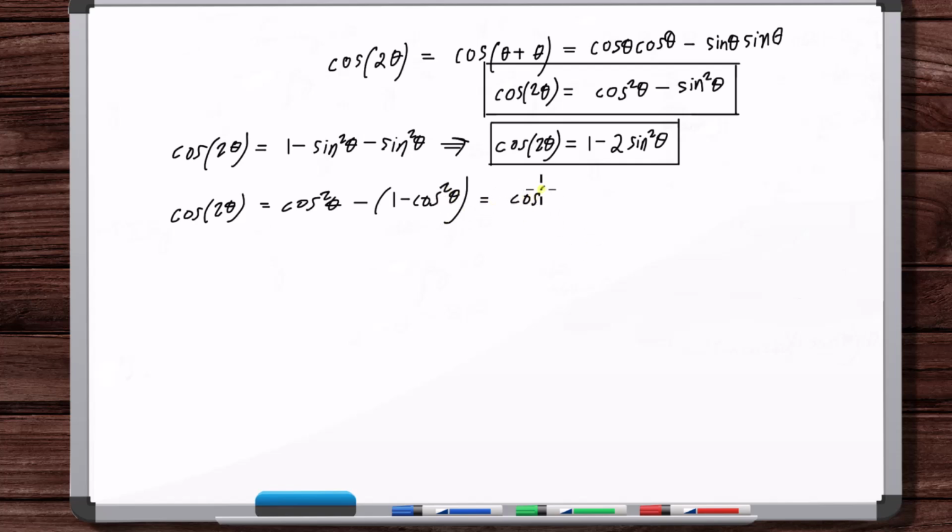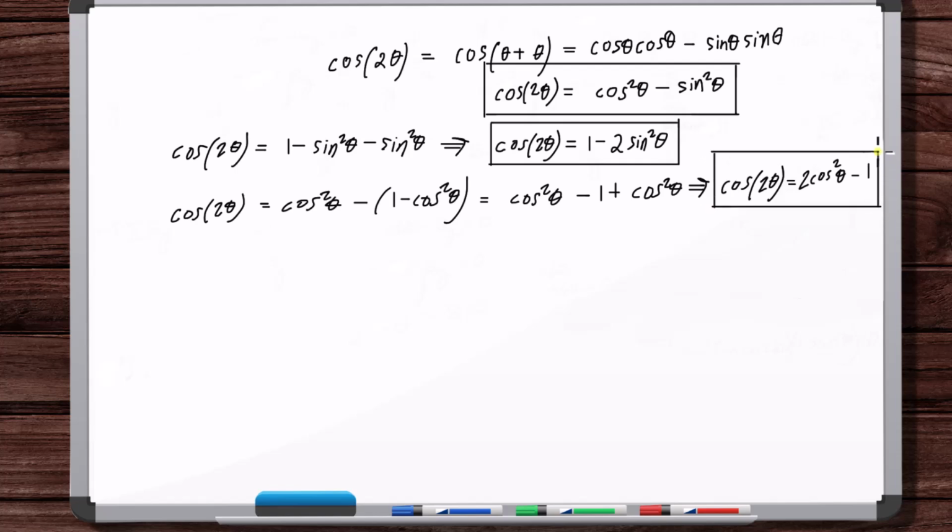So you get 2 cosine squared theta minus 1. Okay, so those are the double angle identities for cosine.